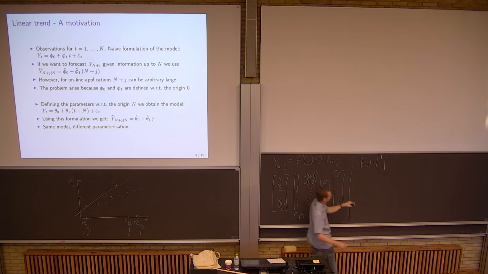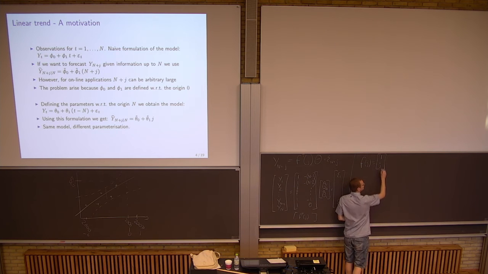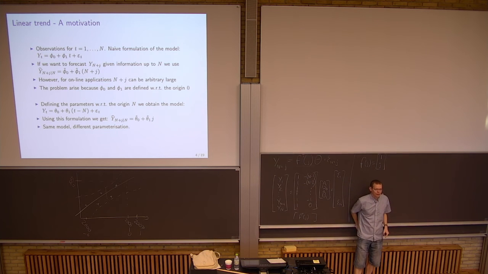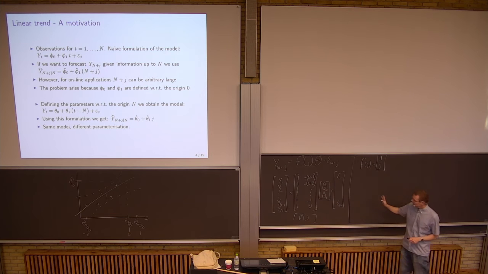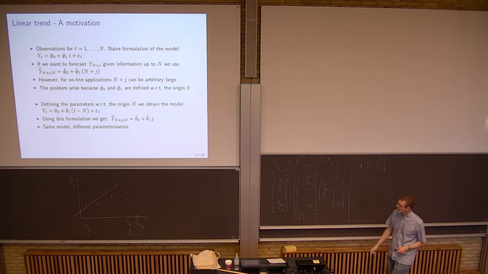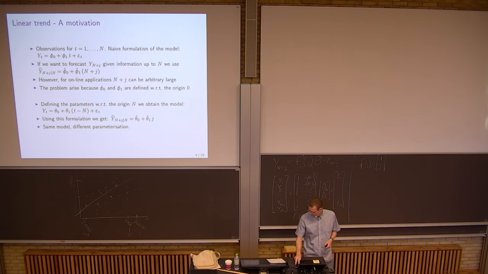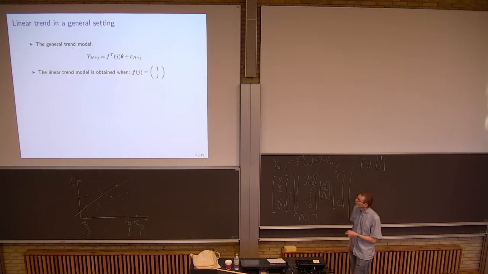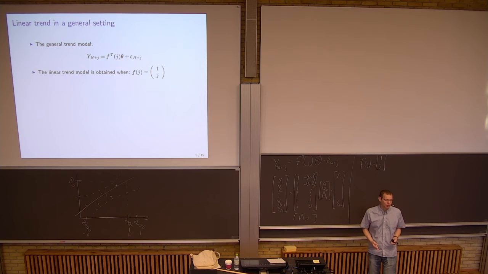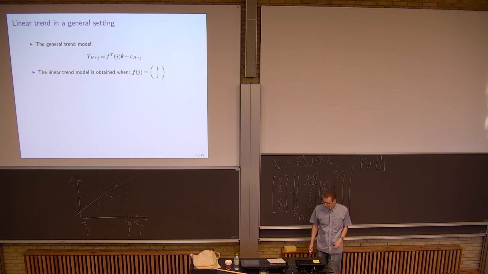So therefore, it's just j. So it's a fairly simple design matrix that we have. So that's the local trend setting, which we have right there, 1 over j. That's for the linear model. We can, of course, also make other kinds of model. I'll get back to those later on.